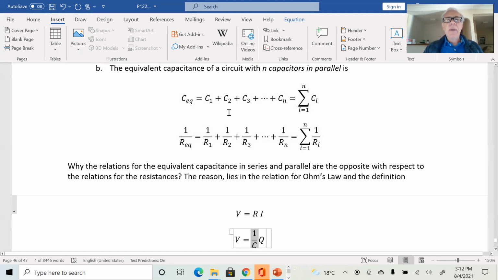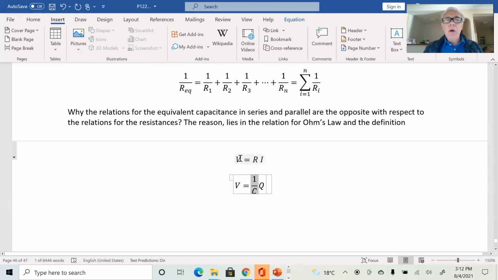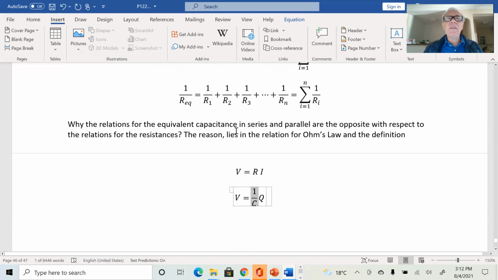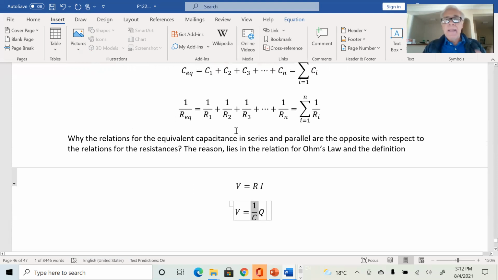That's why, because in Ohm's law the voltage is directly proportional to the resistance, and for the definition of capacitance, the capacitance is inversely proportional to the voltage. That's why there is this inversion here. I'm not going to prove that, but that's the reason we have this inversion.